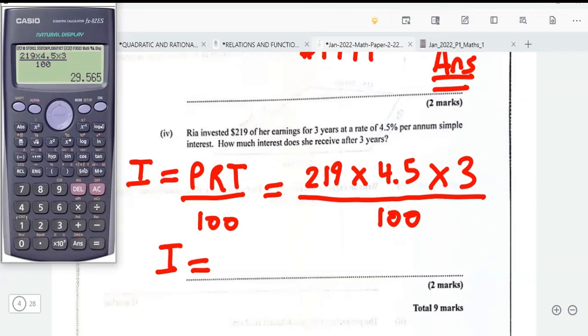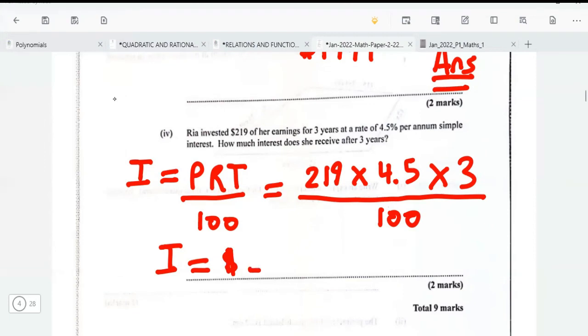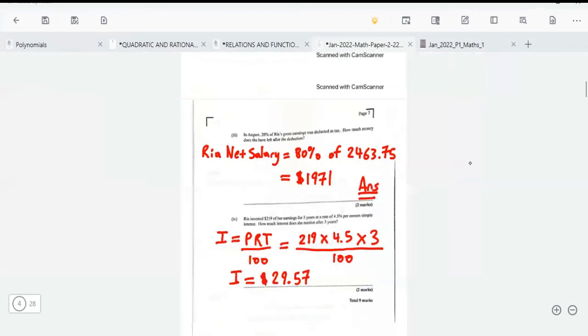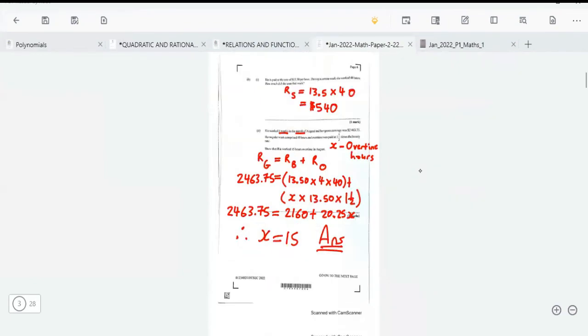So that works out to be, remember that interest is money, and money is two decimal places, 29.57. That's the interest that she makes after 3 years. That's not bad. All right, and that takes care of question 1. We have all our answers for question number 1.